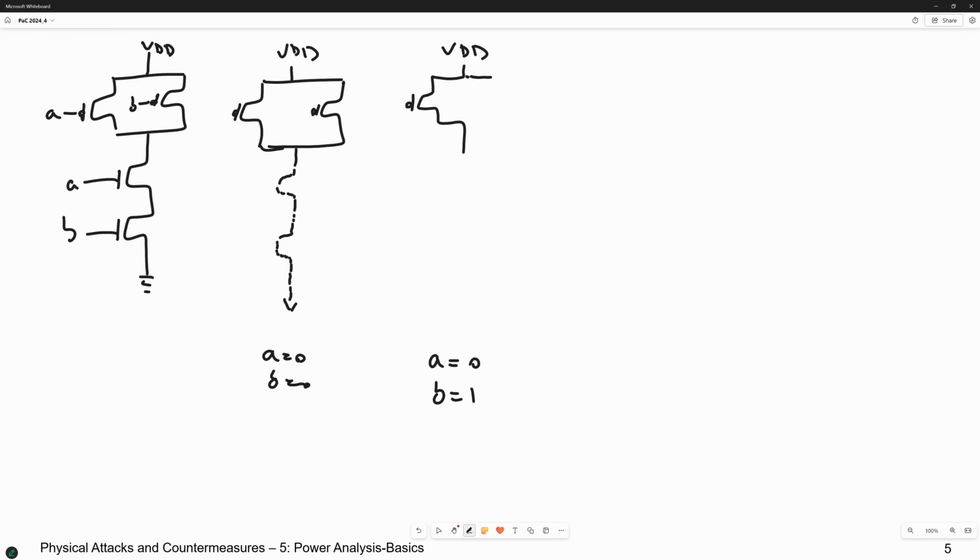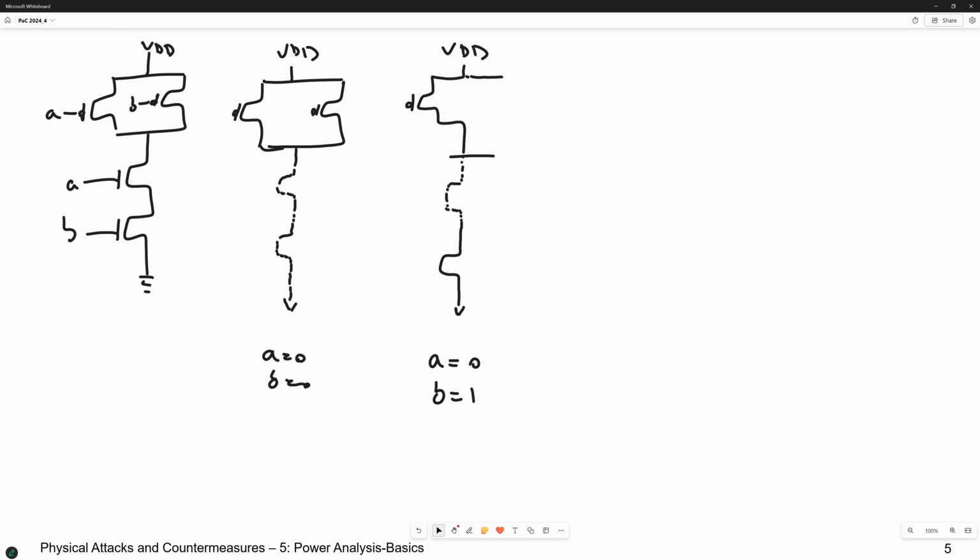And the other one actually is completely disconnected. This transistor is disconnected. And again, there is a small current passing through the NMOS transistor, and then B is conducting.